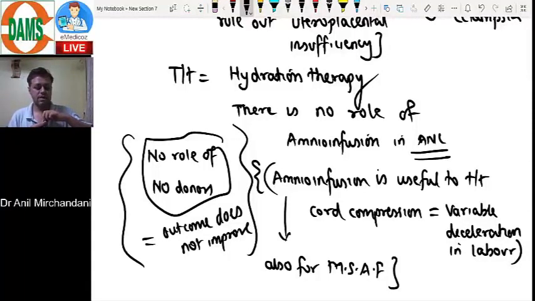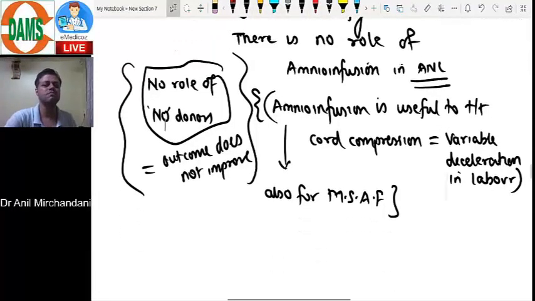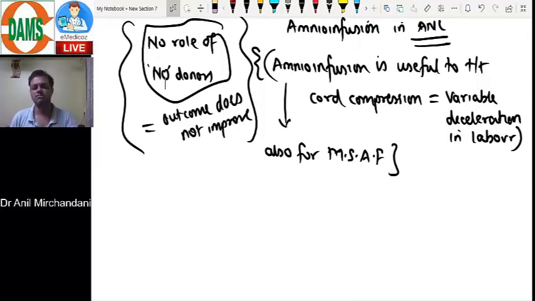I said in oligohydramnios cases there is no role of nitric oxide donors, NO donors. Arginine, these are the drugs which were given. Outcome doesn't improve, so we are not giving. People have tried amino acid supplements, etc., but outcome really, genuinely doesn't improve.